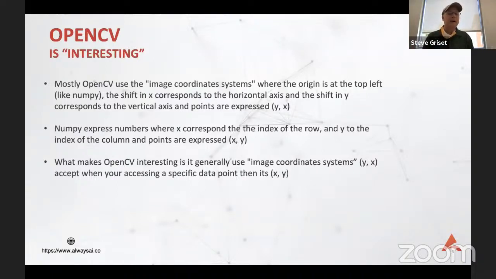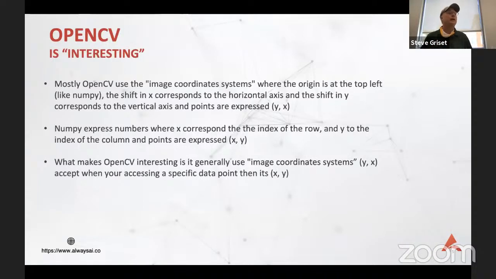Now, if you're a C++ coder working with OpenCV, this hits you the hardest. OpenCV generally uses the image coordinate system, except when you're accessing a specific data point, and then it becomes XY. Where do we see this as Python coders? When we want to draw things.